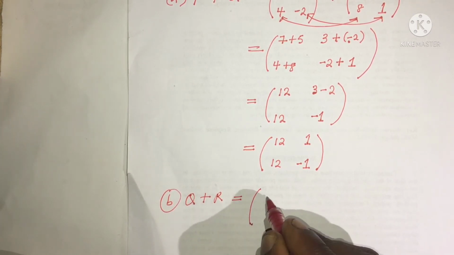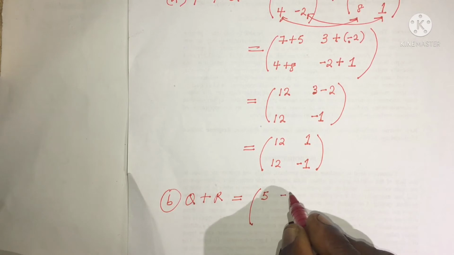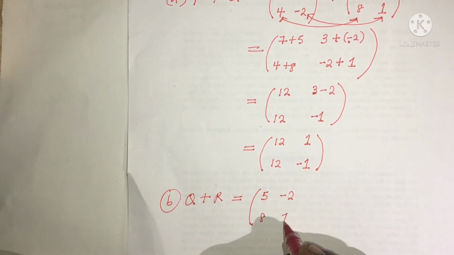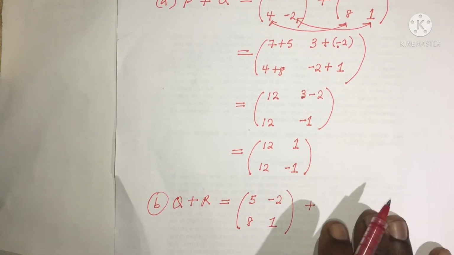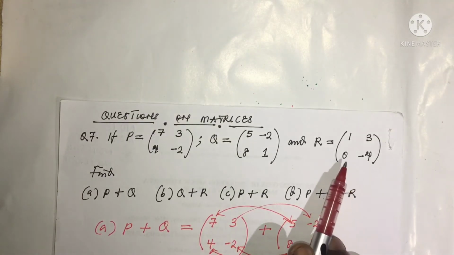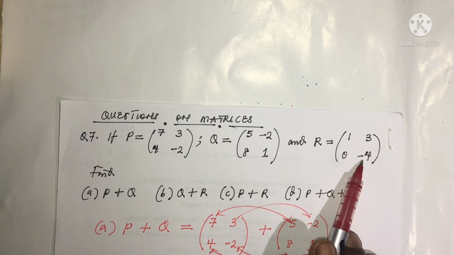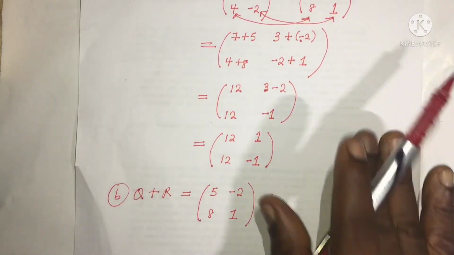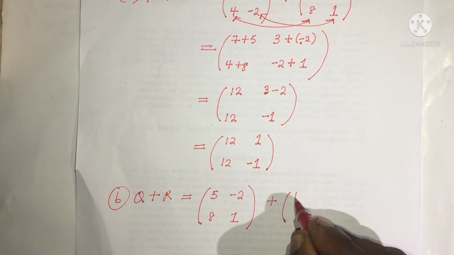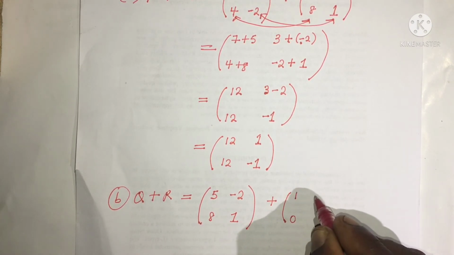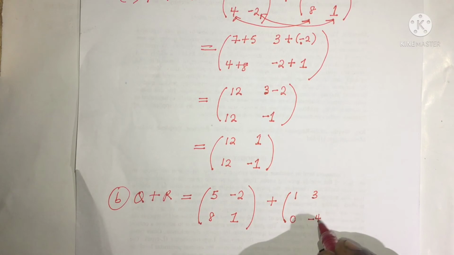Matrix Q is the matrix 5, -2, 8, and 1. Matrix R, on the other hand, is the matrix 1, 3, 0, and -4. I'm going to bring that matrix here.